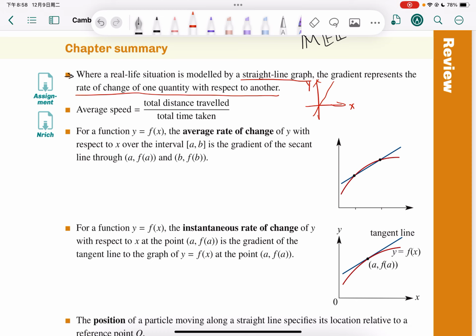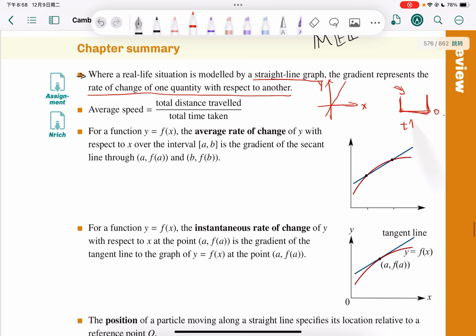For example, if we're pouring water in a tank, initially there's no water, so it's 0. And then as time goes by, the volume in this tank will increase. So it goes 4, 8, and so on.